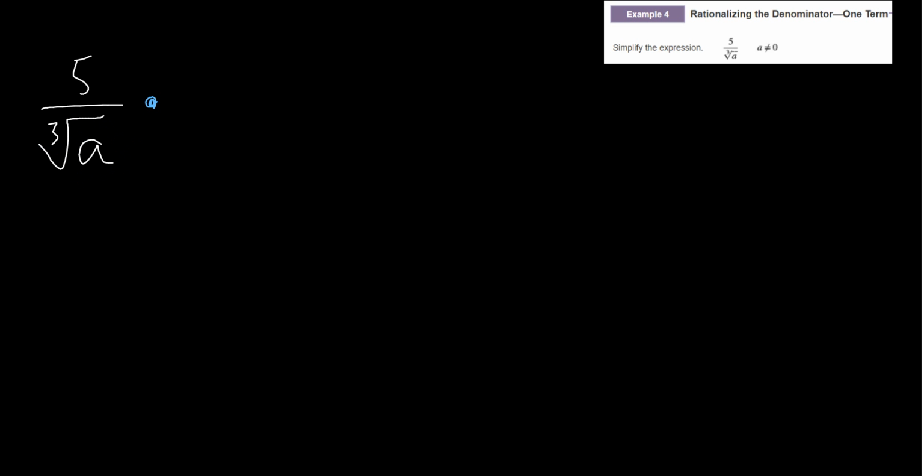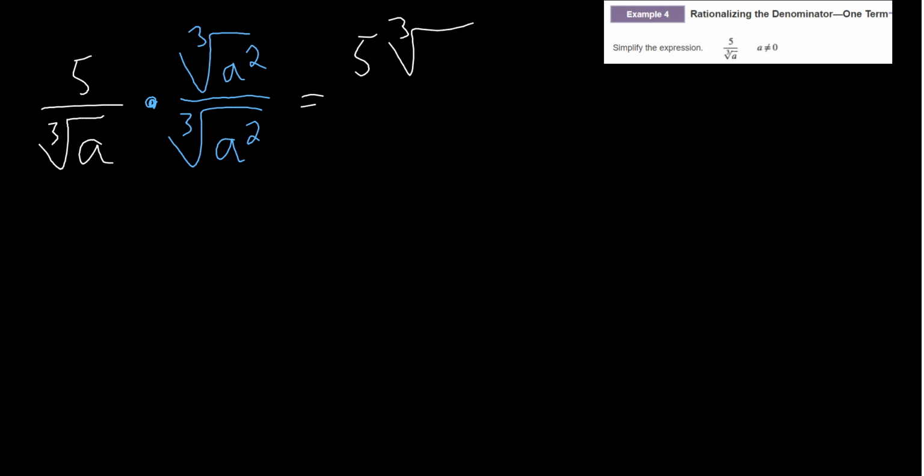So we're going to multiply this by the cube root of a squared. Now we're in business. The numerator becomes 5 times the cube root of a squared. My denominator now becomes the cube root of a cubed. Perfect. The cube root of a cubed is a.